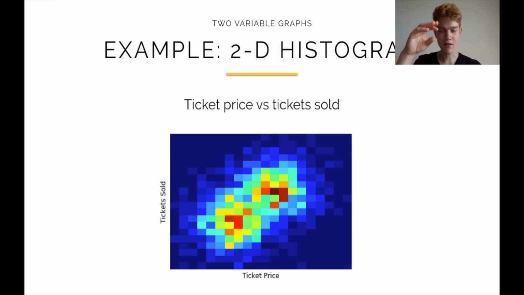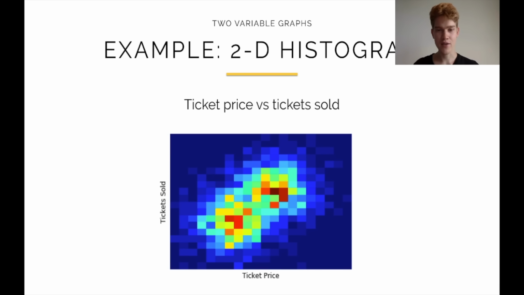So if you want to see lots of tickets sold for a high price, then the red peaks are going to give us all of these more famous artists. So that's one kind of application, but of course there are many, many better ones. It's just that if you're in the moment, then you would realize, oh, this is when a two-dimensional histogram would be a great thing for me to use.